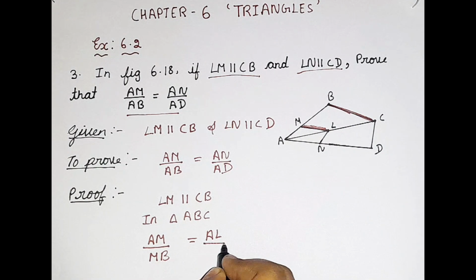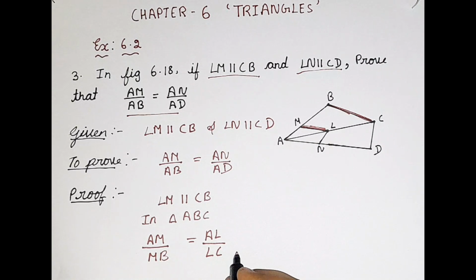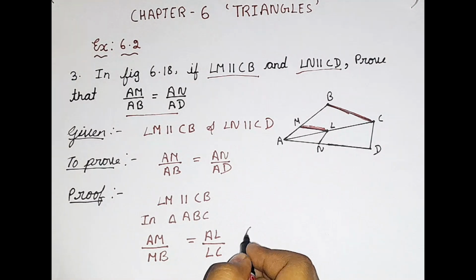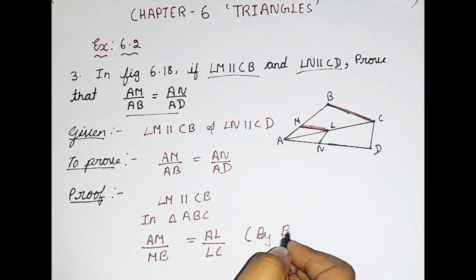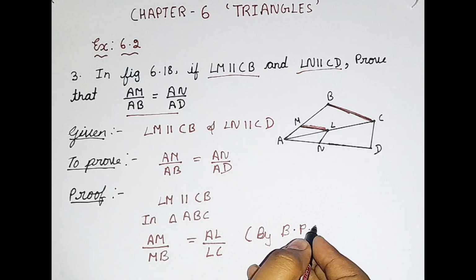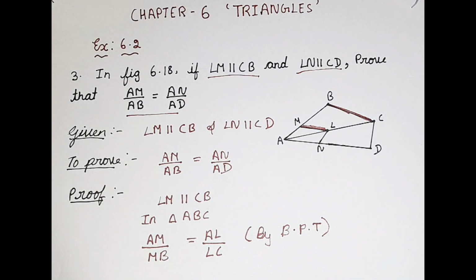I'll explain it, don't worry. You might be wondering what this is. Don't worry, we are just using BPT. What is BPT? Basic proportionality theorem. That is the Thales theorem.